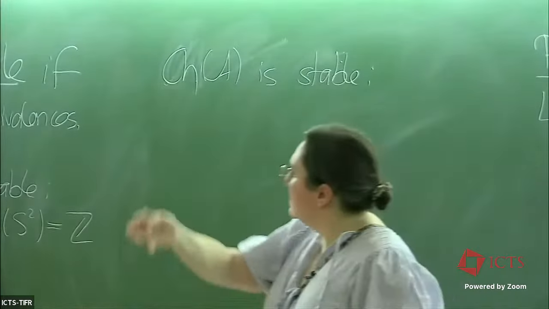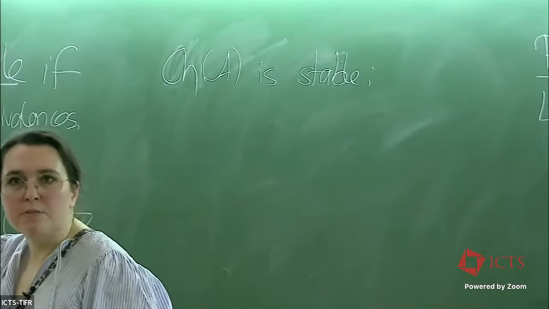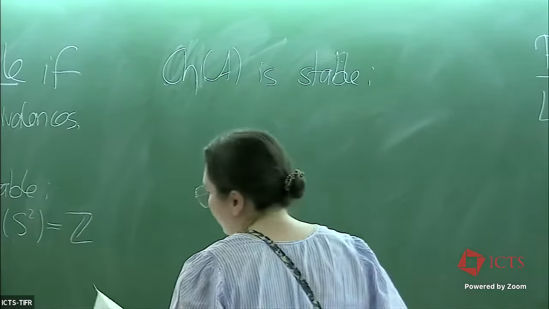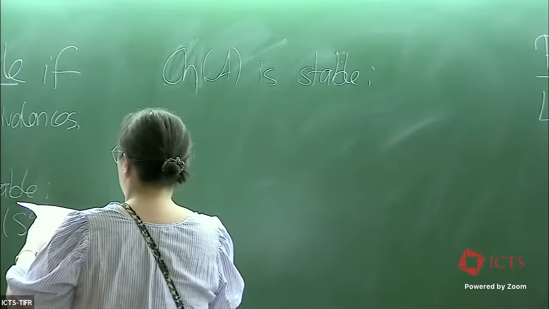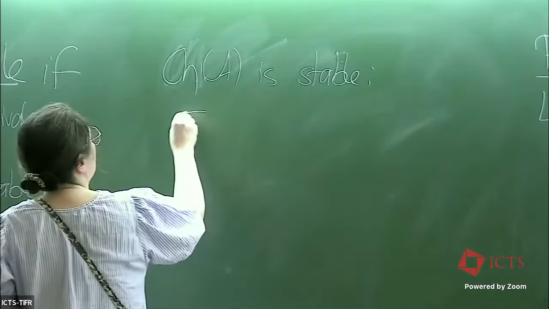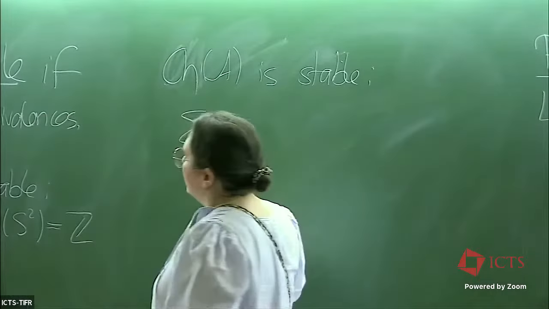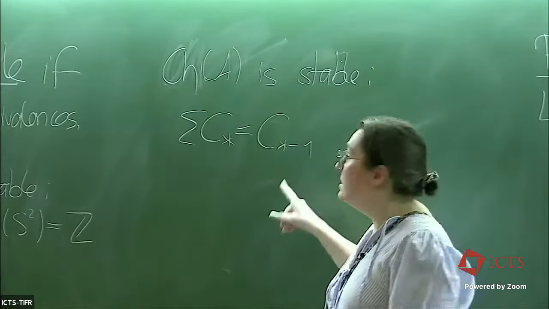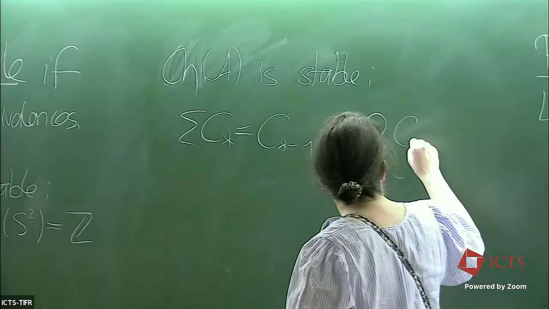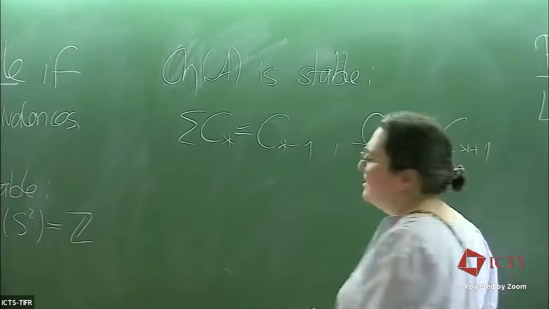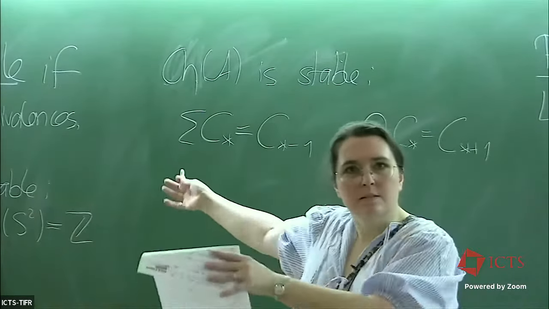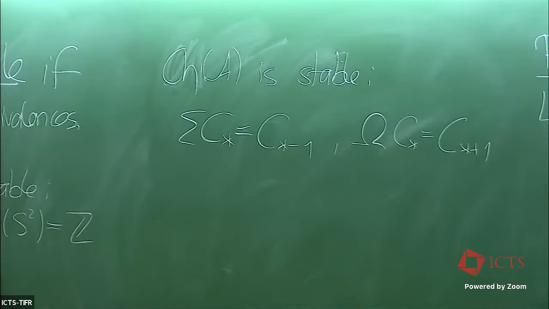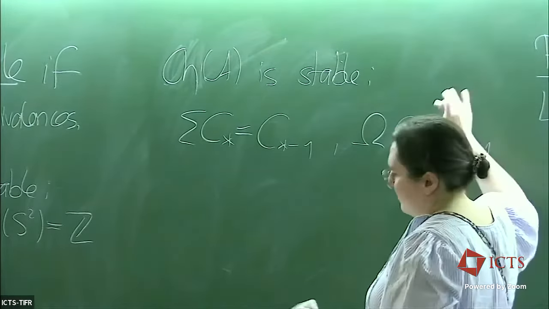You can sit down again and work out what is the cylinder object, what is the path object, what does this all mean? And then just from the definition, you get that suspension and loop are just the respective degree shift functors. And of course, you can take a chain complex shifted that way, and that gives you an equivalence of categories. So that's a nice category.